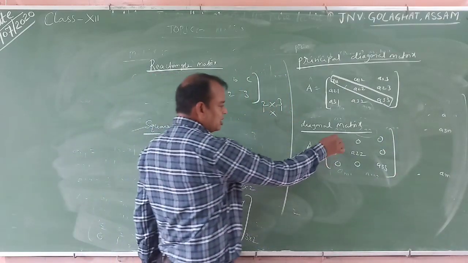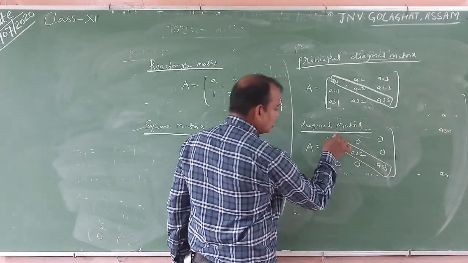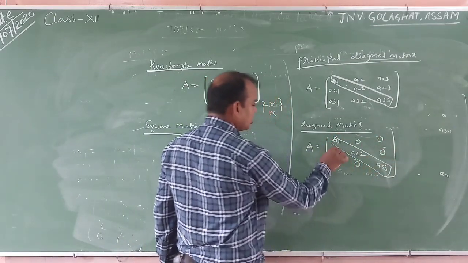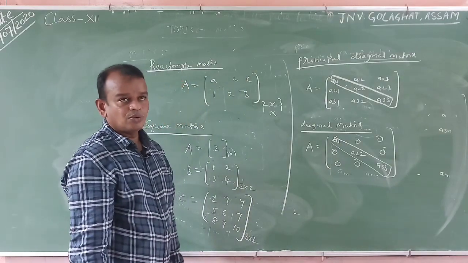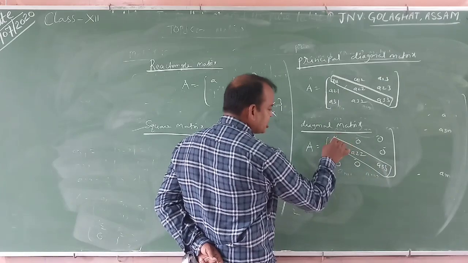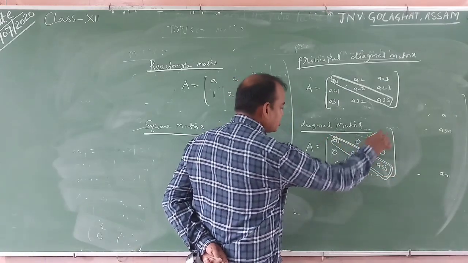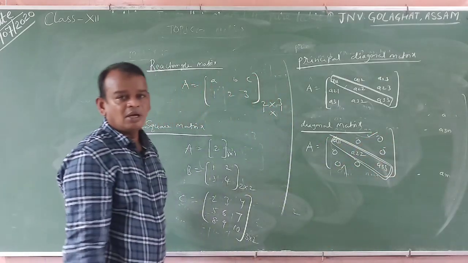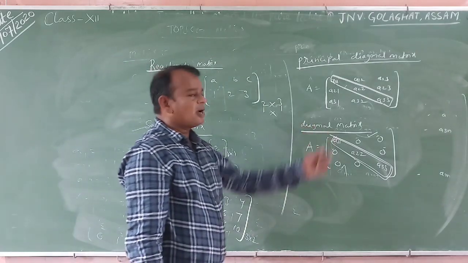Other than the principal diagonal elements, the remaining elements all are equal to 0. A11, A22, A33 is the principal diagonal. The remaining elements must be equal to 0. This is called a diagonal matrix.